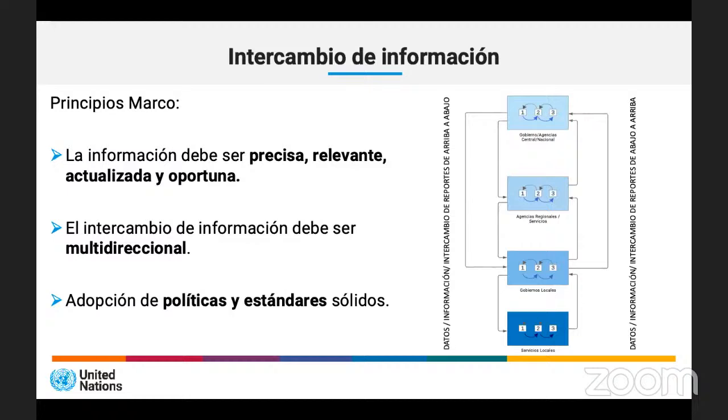This will help us in future planning, in information sharing, and in decisions for the replacement, renewal or maintenance of our assets. Adoption should be of sound policies and standards for information sharing because of the security of the data. This should be very precisely defined before we decide how to share data.